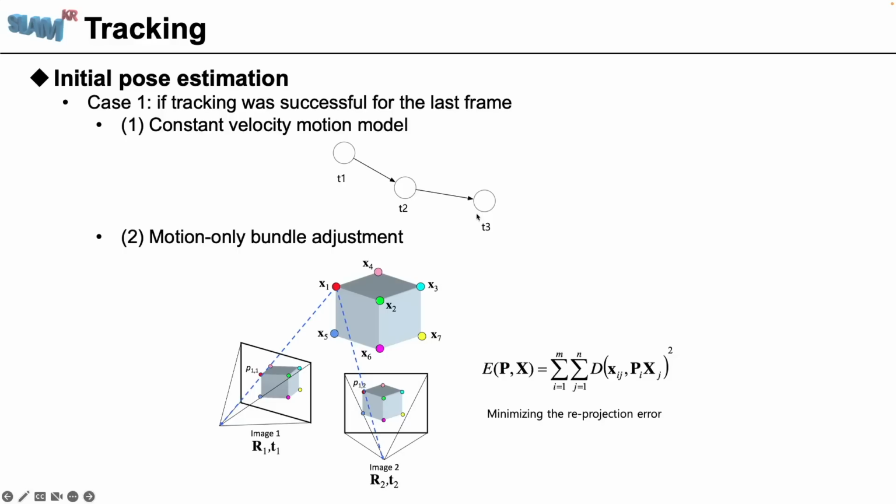So we use that model first, and then we refine the camera pose by using motion-only bundle adjustment. So we can get the correct camera pose tracking at this point.